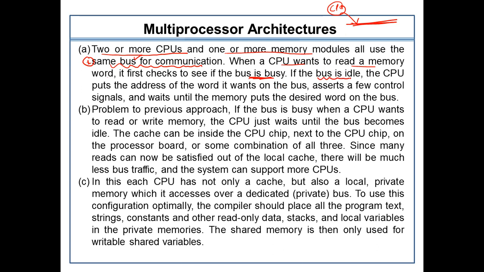When it is idle, the CPU will put the address of the word, the address which it wants to access in the memory, on the bus. Then, using certain control signals, it waits for the memory to provide the desired operand onto the bus. This is how the entire procedure works.